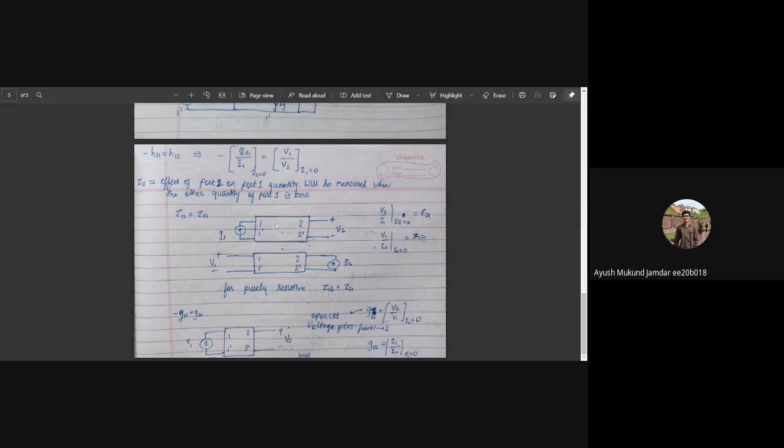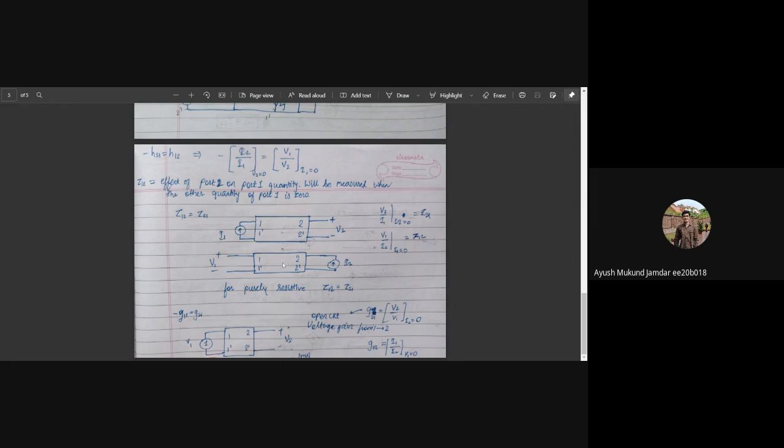Trying to see how it can be applied, we have this network and we find Z21, where I2 equals 0, that is, the second port is open circuited, and we find the ratio V2 by I1. For Z12 we have I1 equals 0, that is, the first port is open circuited, and again we find V1 by I2.